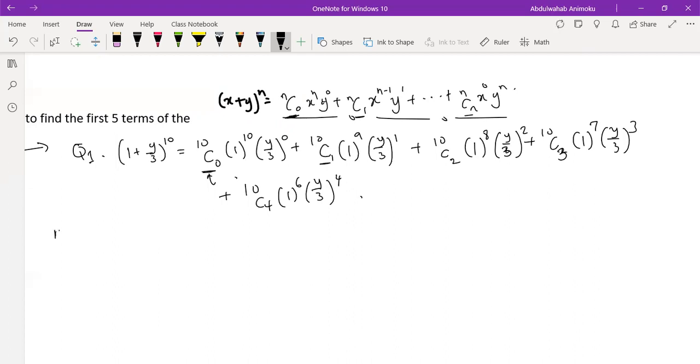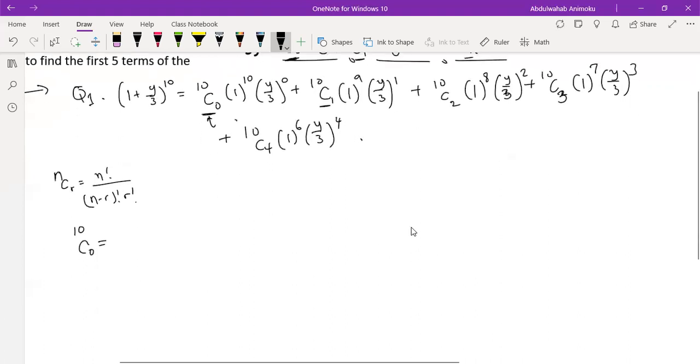Remember, I told you that n combination r is given as n factorial over n minus r factorial times r factorial. So let's put that to the test. What is 10 combination 0? We already note that in Pascal's triangle, the first coefficient is always 1.